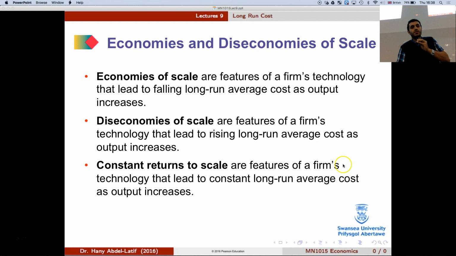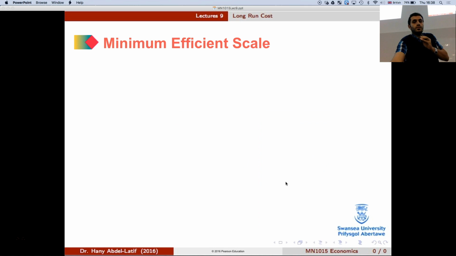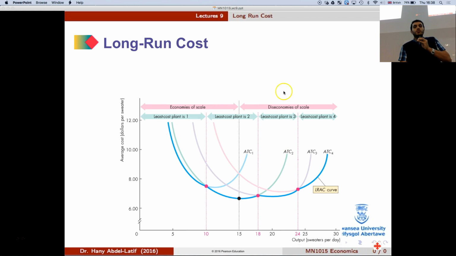So let's go back to the graph. Oh, this one, sorry. Yeah, this one. So you see the blue one here is the long run average cost curve. So you see what happened here? This range from 0 to 15, we have economies of scale. Why?